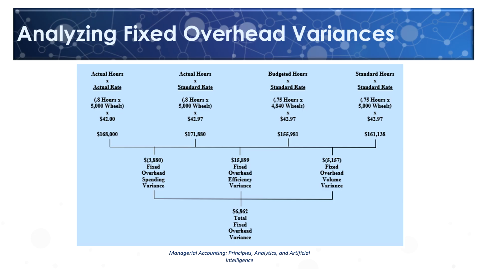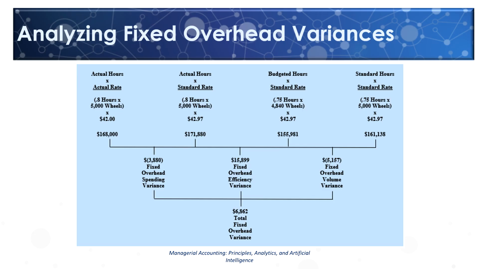In the second column, we're comparing our budget at our actual hours compared to our budget at the beginning of the year. That tells us if our hours are higher or we're using more time, and if we are more or less efficient. We've set the rate constant at $42.97 per hour.